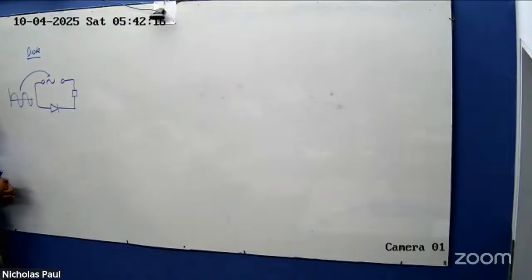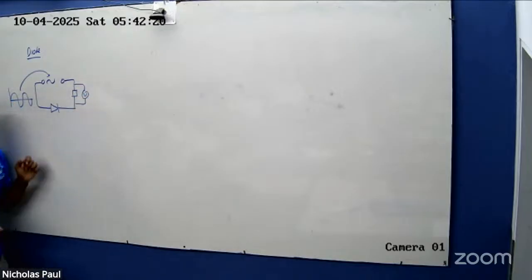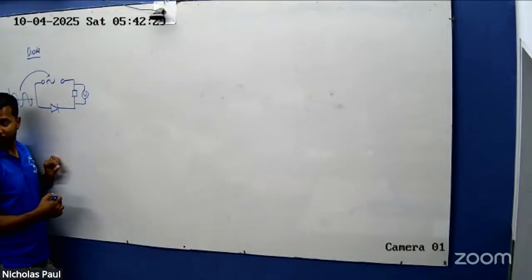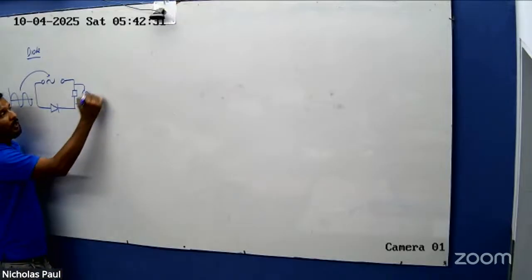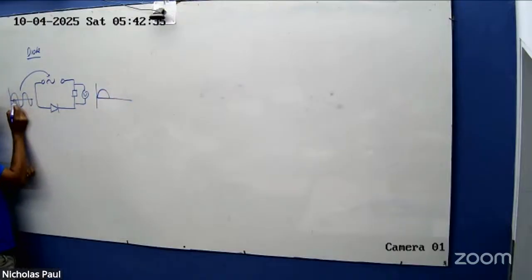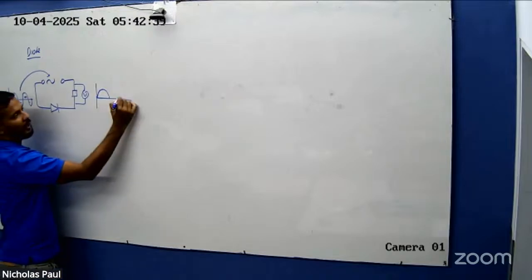If I connect that diode to the alternating supply, what is happening? It makes the current go in one direction. It'll conduct here, and it will look like that.